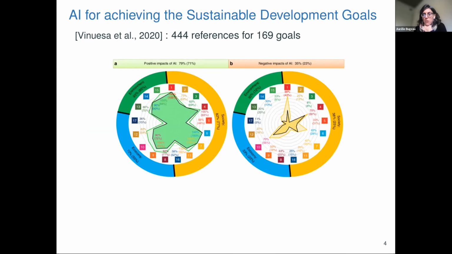But it's mostly positive when you look at this paper. Well, there are some warnings at the end of the paper. I can come back to this in further discussion if you need.